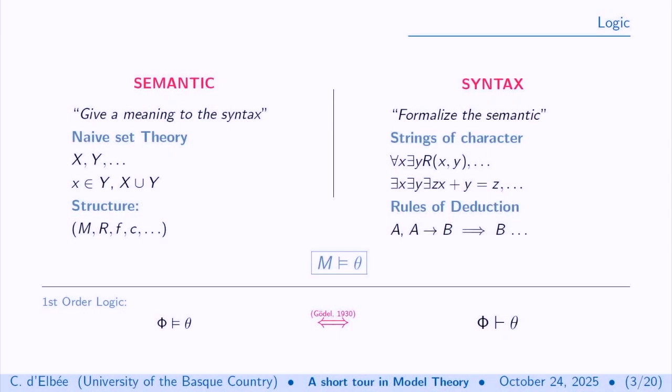And so first, let's recall what I mean by logic. Roughly, logic is this sort of interplay, that's how I see it anyway, between the semantics and the syntax. On the semantic side, you always start with existing things.